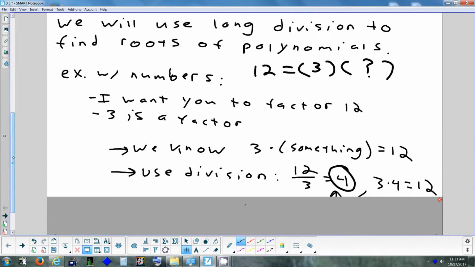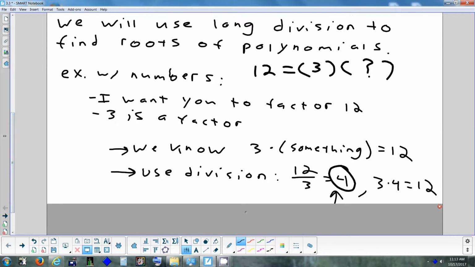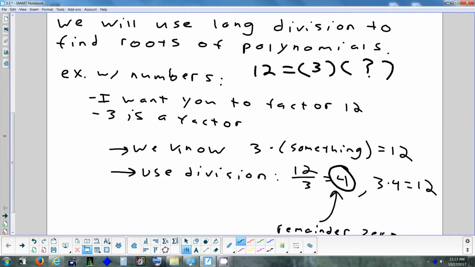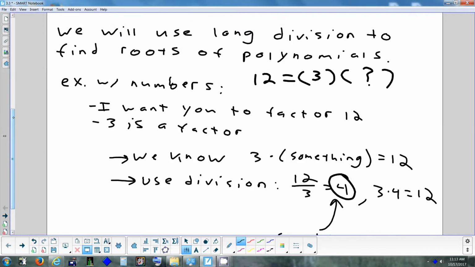So that's the whole key. If you know something's a factor and you divide by it, you get the other factor. Now, does anybody remember what you call the answer that you get when you divide two things? The quotient.